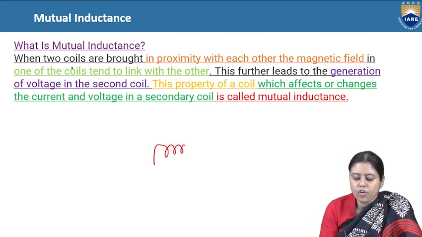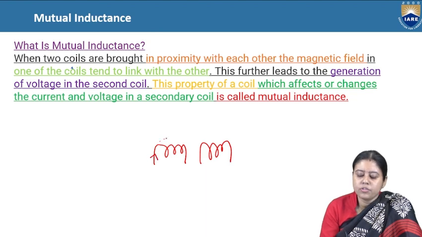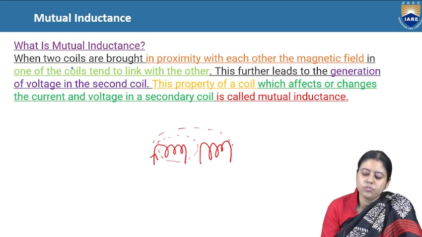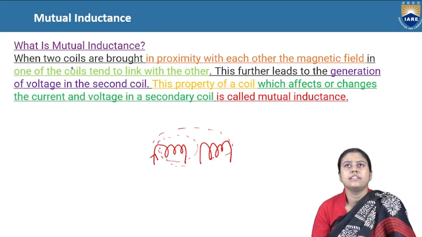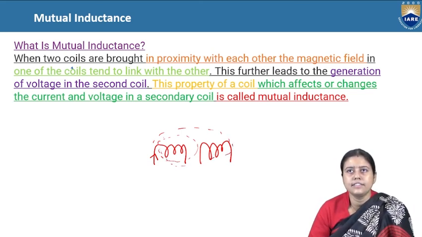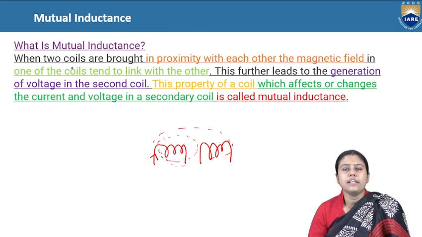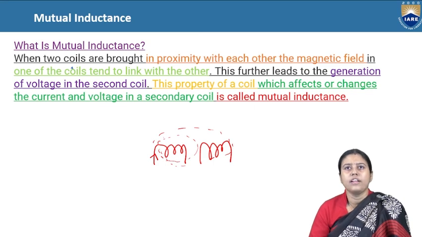If this is a coil and this is a coil and current is flowing, the flux generated in this coil will tend to link the other coil. This is the general tendency. This further leads to the generation of voltage in the secondary coil. This property of the coil, which affects the change of the current and voltage in a secondary coil, is known as the mutual inductance.